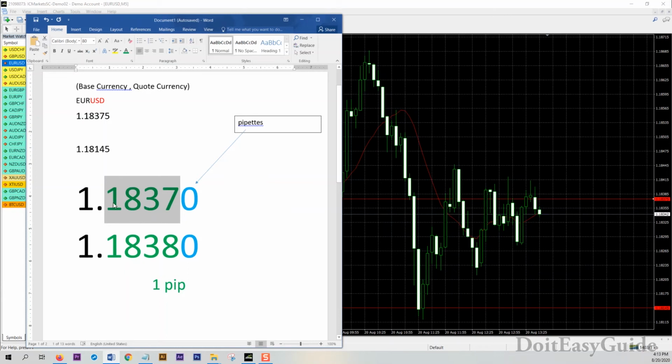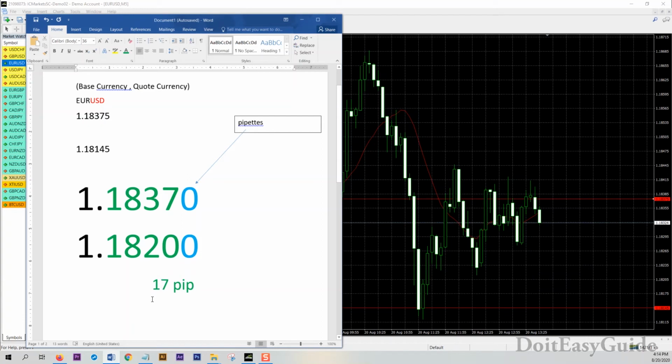So if let's say price came from 37 to 20, then how many pips did it go down? It went down 17 pips.